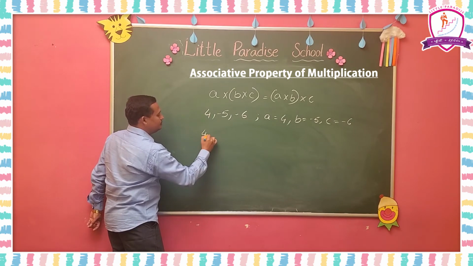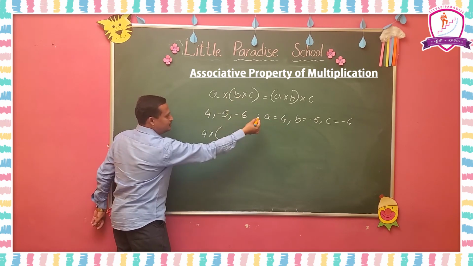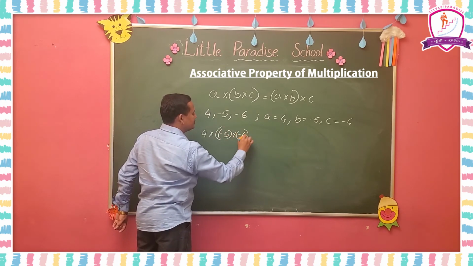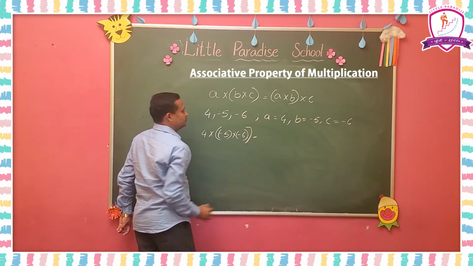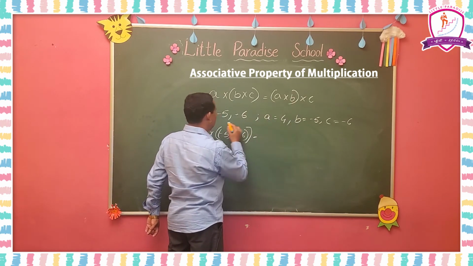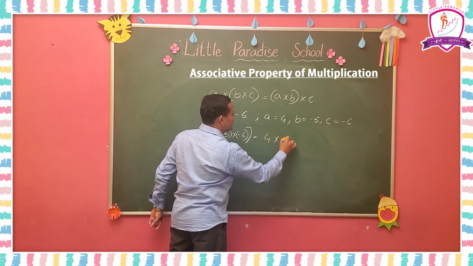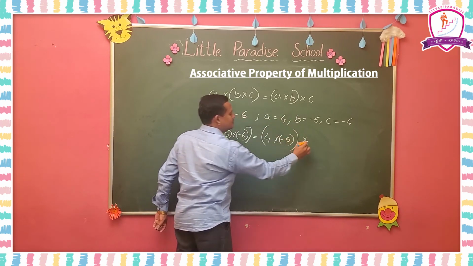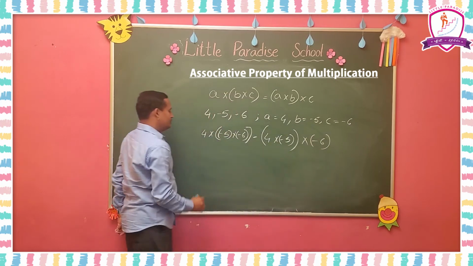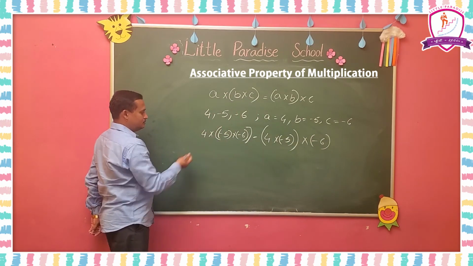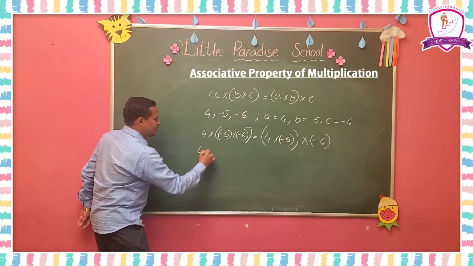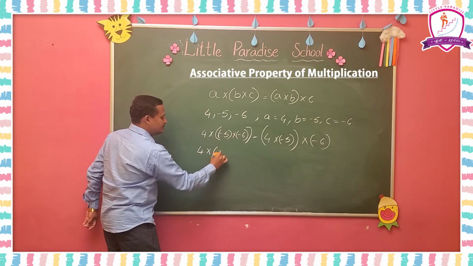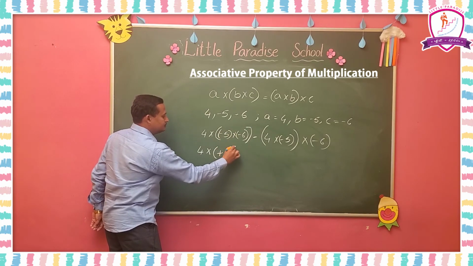So 4 into (b into c), b into c means minus 5 into minus 6, is equal to (a into b) into c, where a into b means 4 into minus 5, into c which is minus 6. So here we are going to simplify this. First we have to open these brackets. 4 into, minus into minus is plus, 5 sixes are 30.